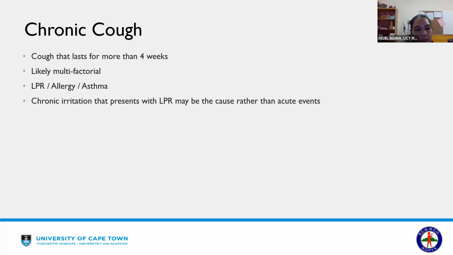And it's thought to be, as I said before, a vagal response, triggering of the diaphragm that results in chronic irritation, that results in chronic cough, that can lead to triggering LPR.